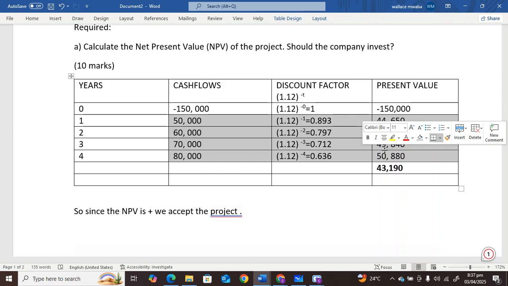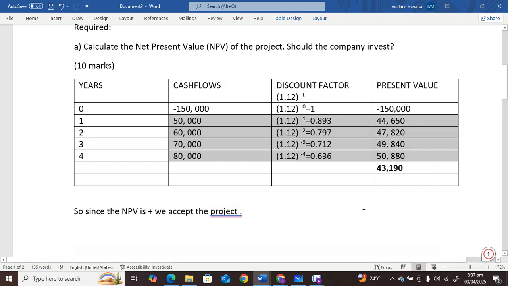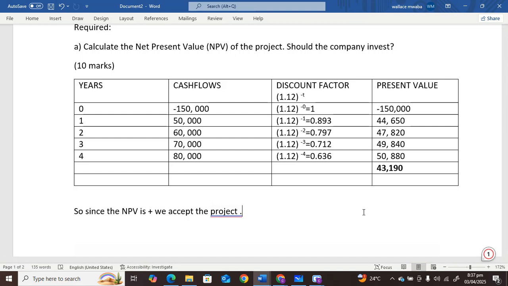Now, the official definition of the internal rate of return is the rate at which the net present value becomes zero. But a simple way of thinking of it to make life easy is just the return you're getting from your project. So the internal rate of return is just a continuation of the net present value technique.